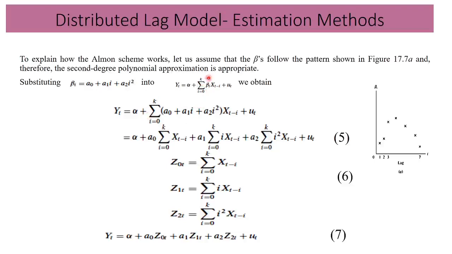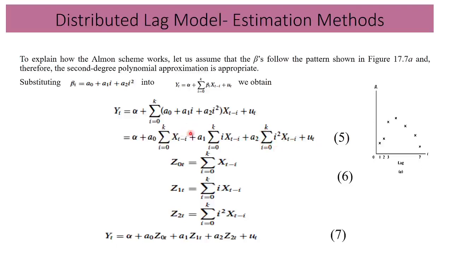Now replace this beta i using this one. Then what we'll get: yt equal to alpha plus sigma of i equal to 0 to k of a0 plus a1 i plus a2 i square, times xt minus i, plus ut. Then remove the bracket: alpha plus a0 sigma of xt minus i, plus a1 sigma of i equal to 0 to k of i xt minus i, then a2 sigma of i equal to 0 to k of i square xt minus i, plus ut.